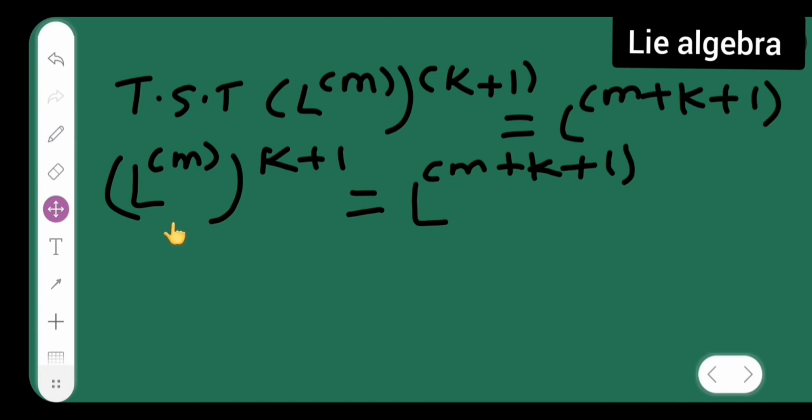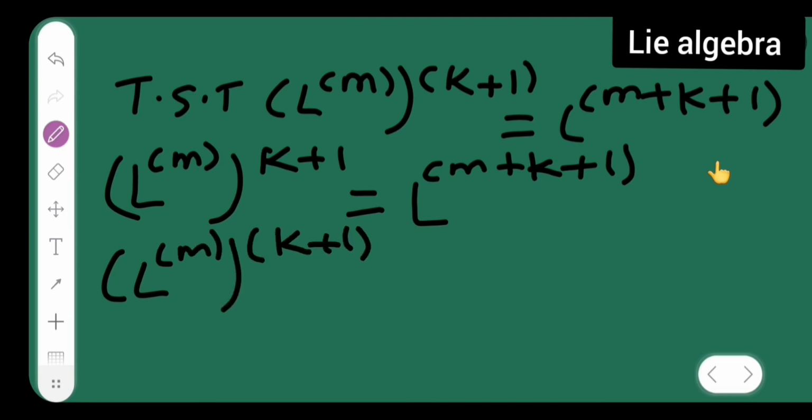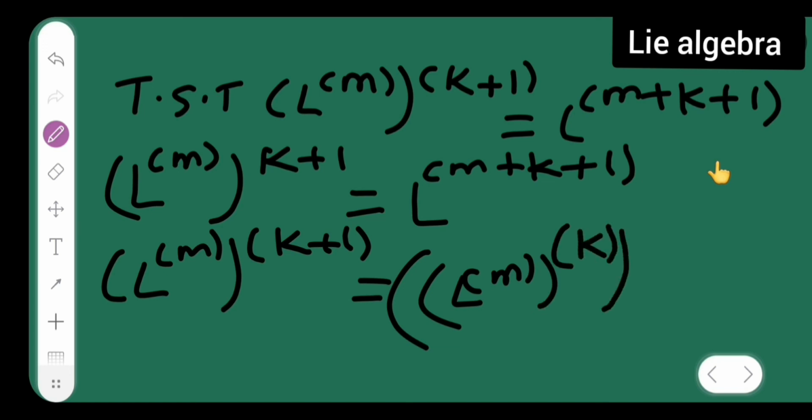Now take this part here as it is. L raised to power of m raised to power of k plus 1 is equal to, written in this form, L raised to power of m plus k plus 1. Further, write this part as it is again here. L raised to power of m, raised to power of k plus 1, is equal to, in the bracket, and again the bracket, L raised to power of m raised to power of k, and this is raised to power of 1.